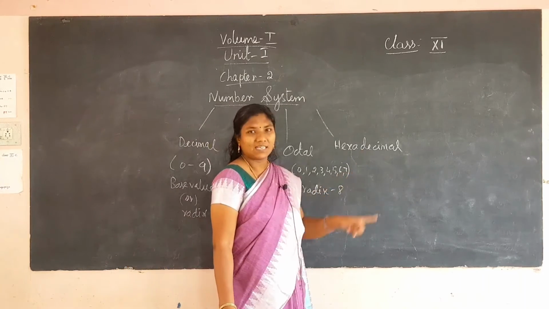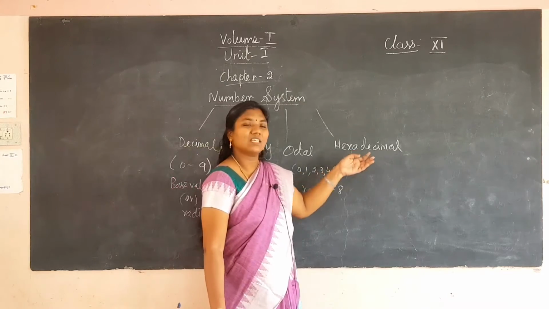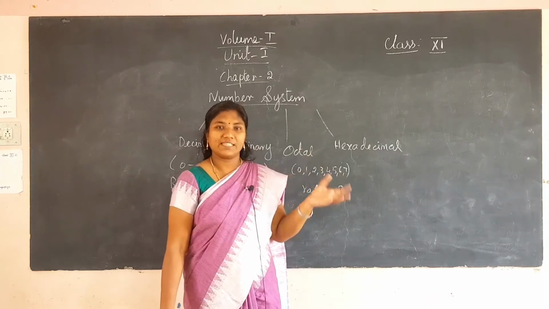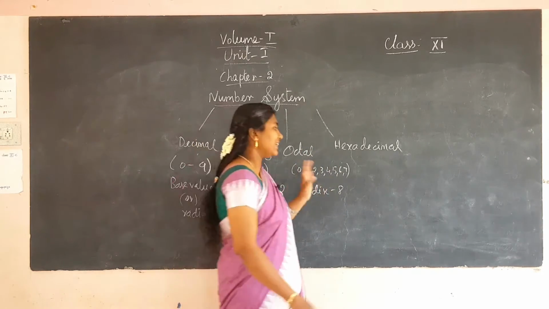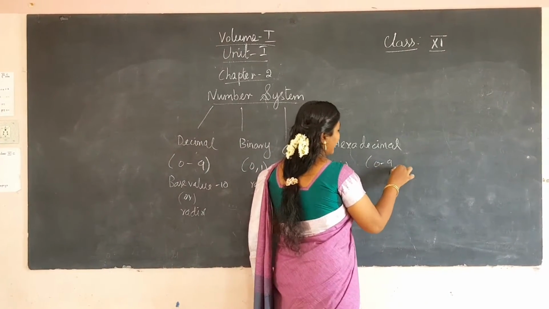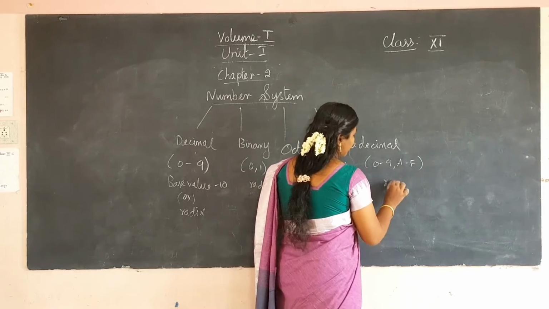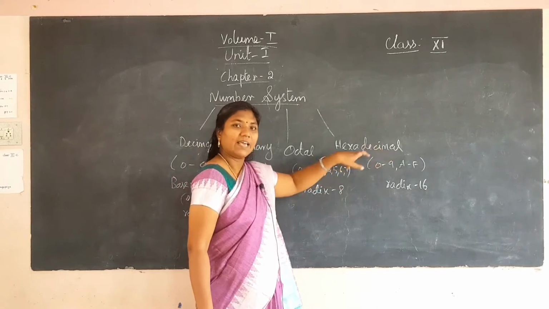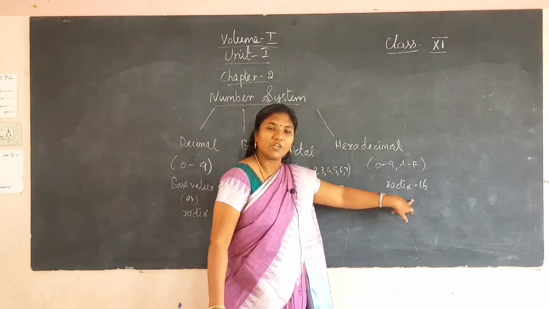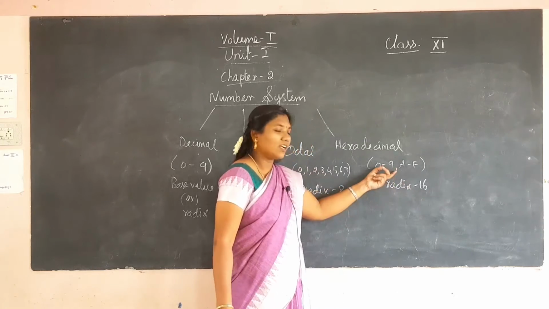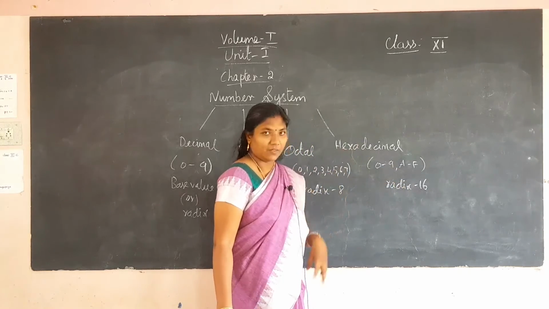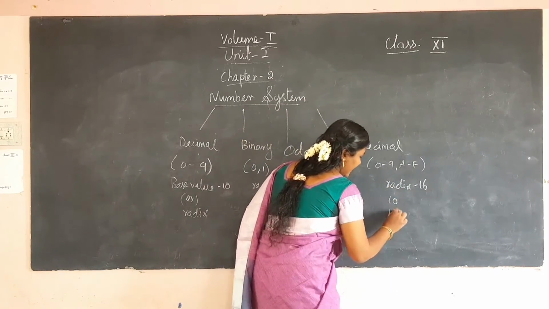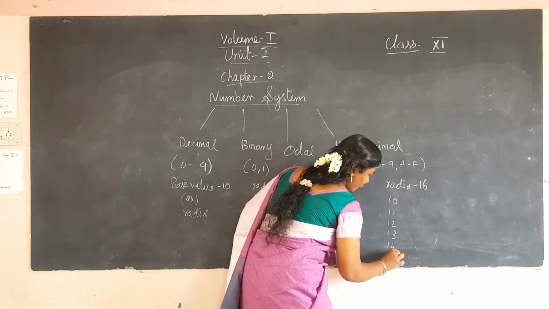And next comes hexadecimal. From the name itself you can know: decimal means 10, hexa means 6. So after decimal you have 6 more values, that is, entirely 0 to 9 and A to F. So its base value, or radix, is 16. What does A to F mean? After 0 to 9, there are 10, 11, 12, 13, 14, 15.